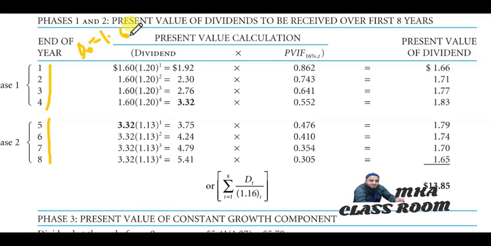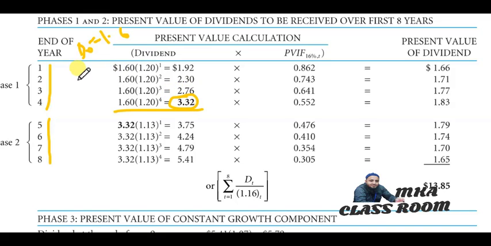So you will easily use the growth formula, D1 equals D naught into 1 plus g. g means growth rate, the growth rate is 20%. That is 1.20 power 1. In this way you can calculate the first 4 years' dividend, that is 3.32.